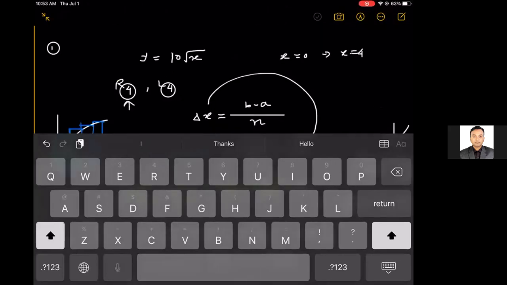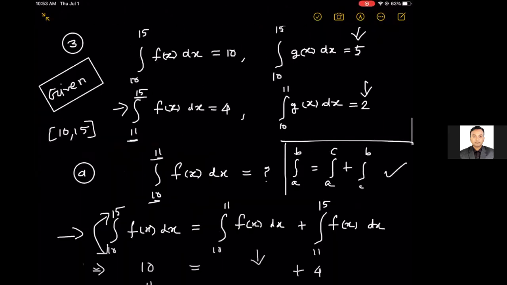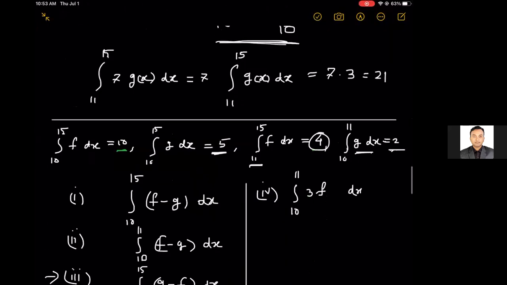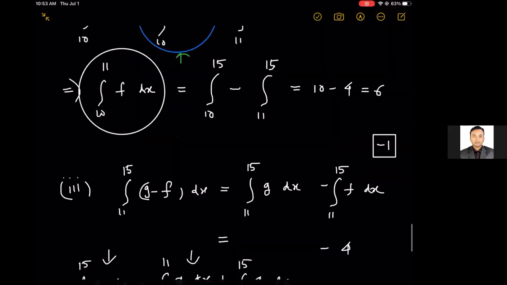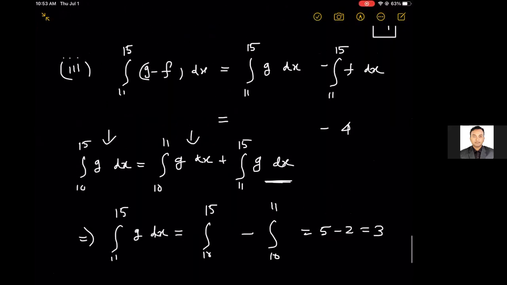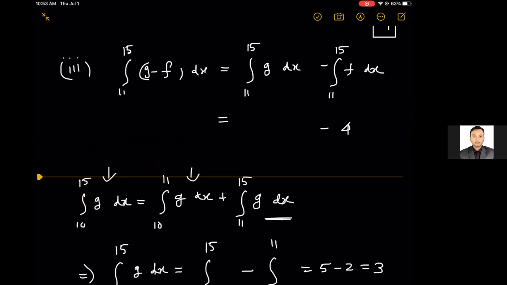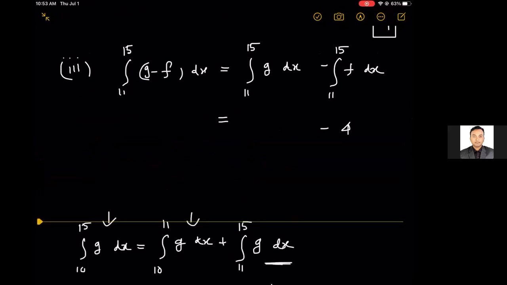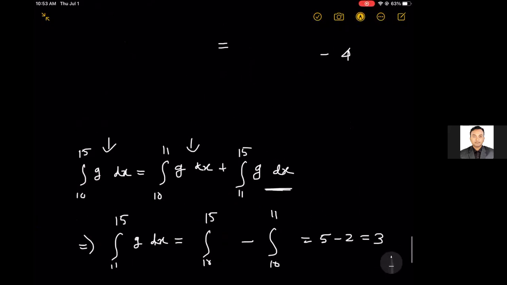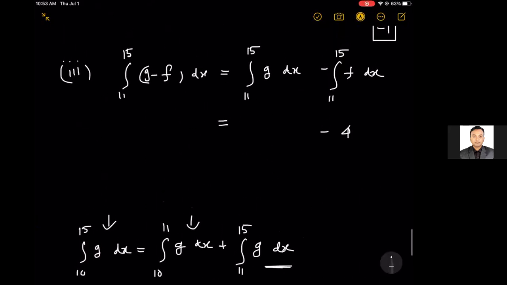So let me use the space. From 11 to 15, g of x has given us 3.